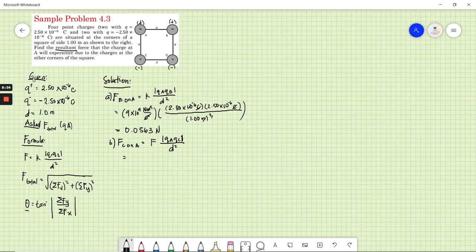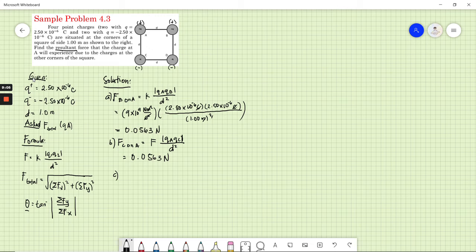What you will notice is it's basically the same values as FB on A: 2.50 times 10 raised to negative 6 multiplied by 2.50 times 10 raised to negative 6. Even the D value is the same. So what we end up having for our FC on A is exactly the same value as FB on A, 0.0563 newtons.